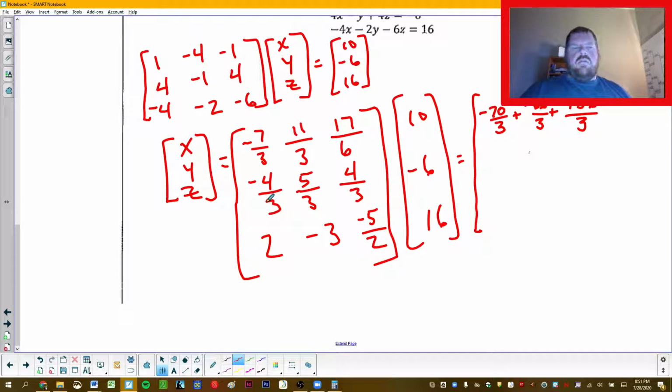Next one, we're going to go negative 4/3 times 10. 5/3 times negative 6. And again, I could reduce that, but I don't want to yet because I know I want to add all these. And then 4 times 16 is 64.